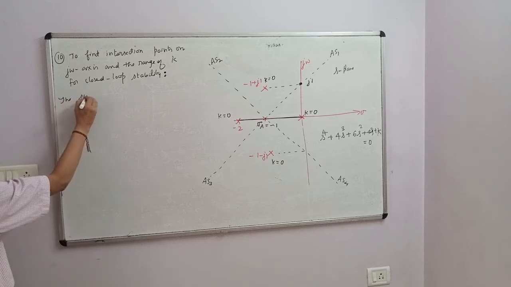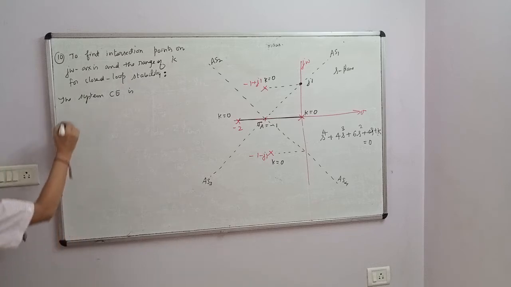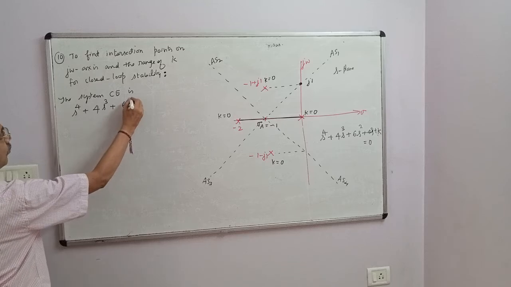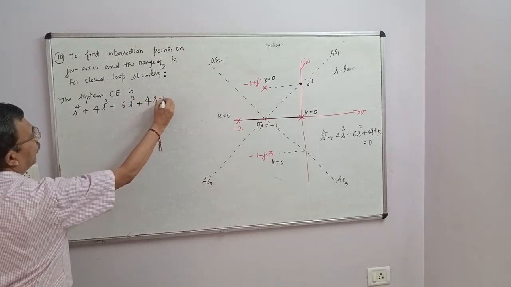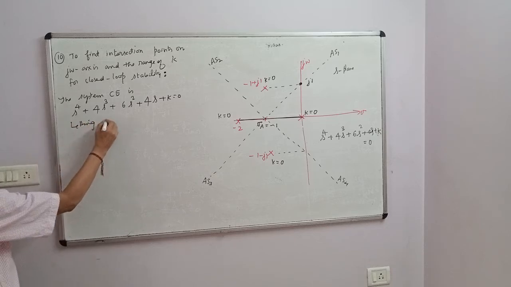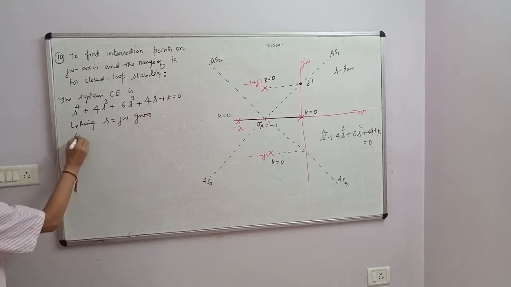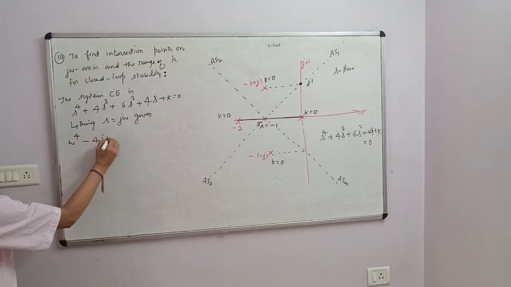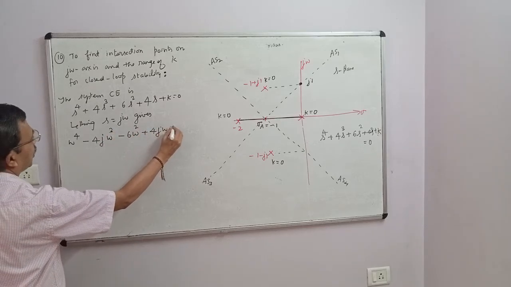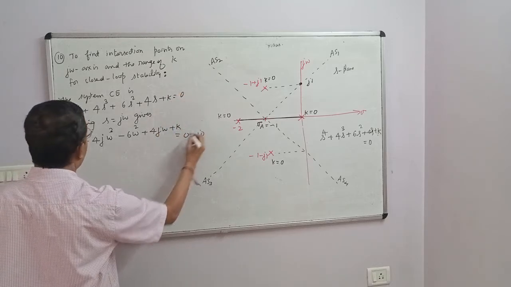The system characteristic equation is s to the power 4 plus 4s cube plus 6s square plus 4s plus k equal to 0. Letting s equal j omega gives omega to the power 4 minus 4j omega cube minus 6 omega square plus 4j omega plus k equal to 0 plus j0.